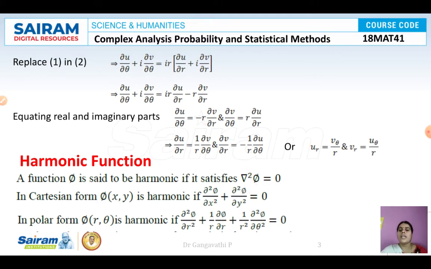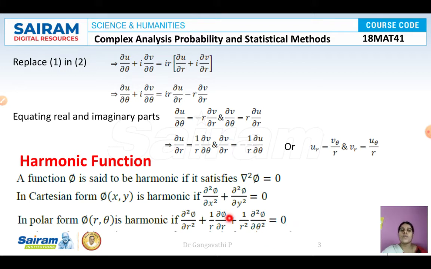So in Cartesian form, function phi, which is a function of x and y, is harmonic if ∂²φ/∂x² plus ∂²φ/∂y² is 0. We call it the two-dimensional Laplace equation. And then the same phi in polar form, phi of r comma theta, is said to be a harmonic function if it satisfies this equation, that is ∂²φ/∂r² plus 1 by r into ∂φ/∂r plus 1 by r² into ∂²φ/∂θ² is equal to 0.